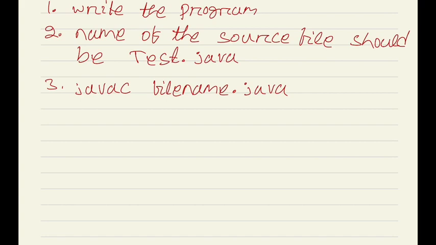Here the file name is test, so we write the command as javac test.java. Just replace the name of the file with your file name. So in this example, we give the command javac test.java to compile the program.